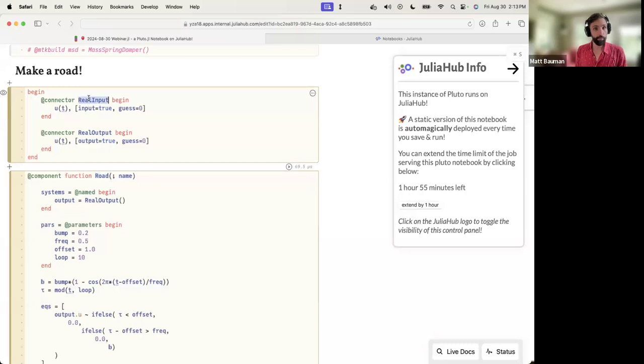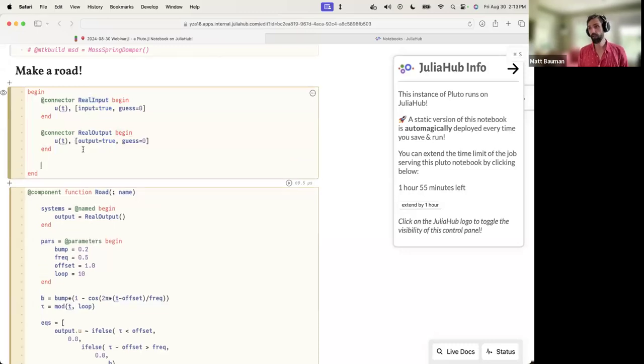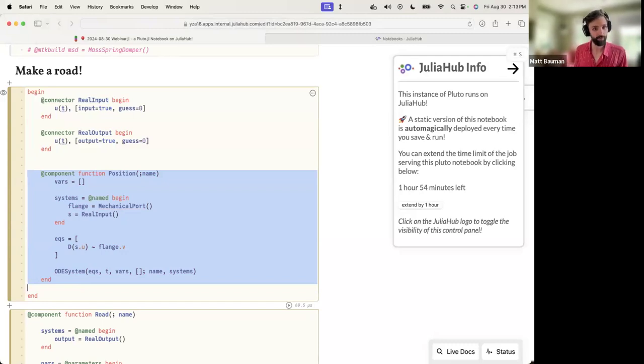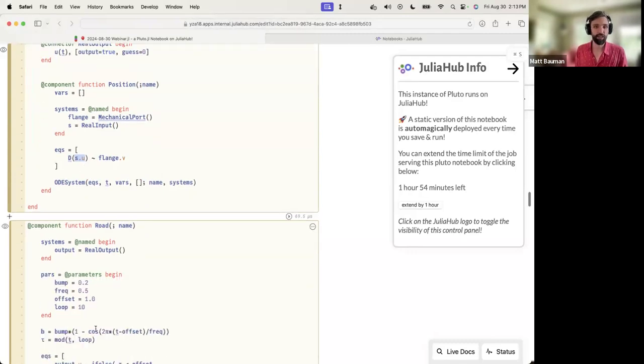And we'll use that as an input to another connector here, or rather a component here that we will grab and put in. And that's going to be our position, right? So it's going to be the position of the road as that road data varies. And all that's happening here is it's connecting that positional signal from that very simple cosine function here, carefully placed so that it can look like a bump that we can introspect.